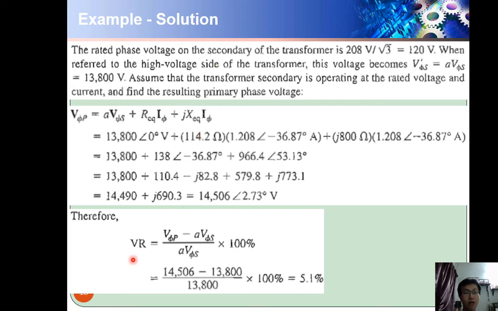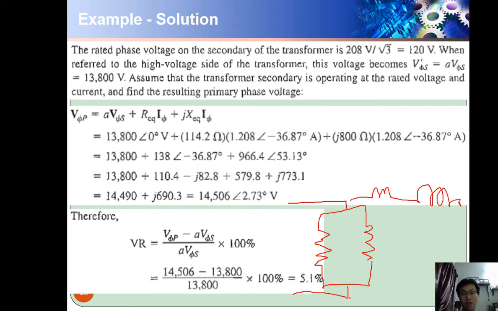So when we talk about the high side equivalent circuit, we have our V phase P, we have our I phase P, then this is our Z equivalent primary side, then this is my V secondary referred to primary side, which is a V S, right?